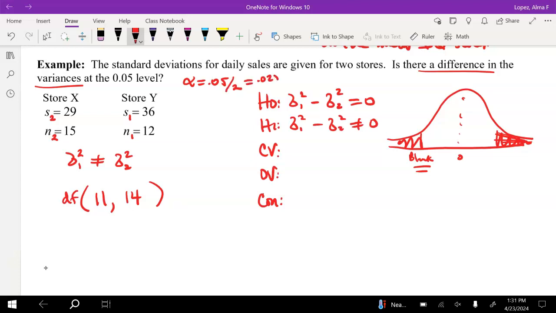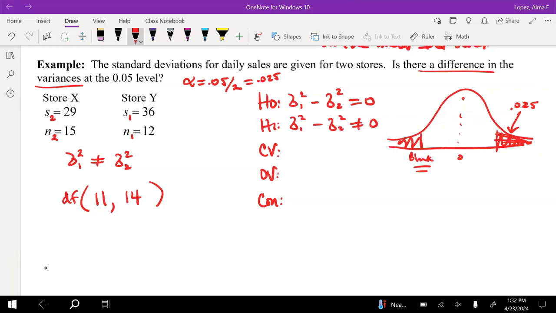Since it's 2 tails, I'm going to put 0.025 in each tail. Because you only ever consider one tail, turn the table to the page that has an alpha of 0.025 at the top. That is the only score you're looking for. It's only ever a right tail that we're looking at.